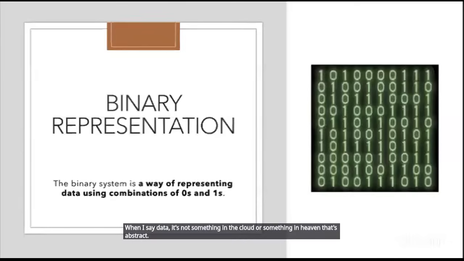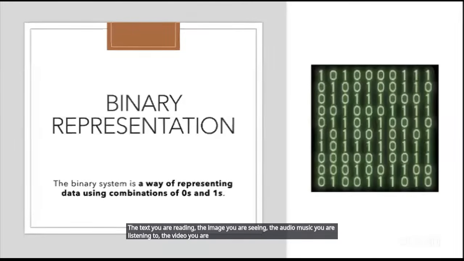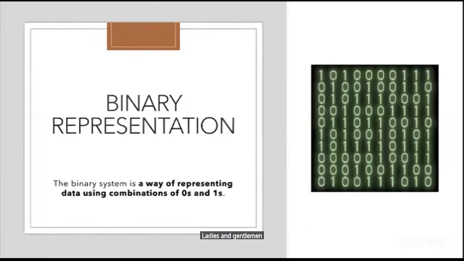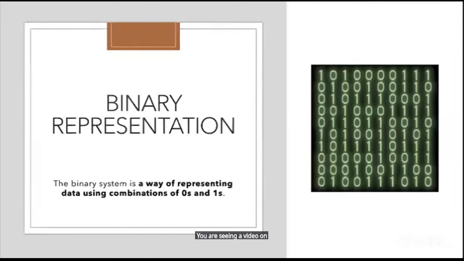Data is what you work with every day on your system: the text you are reading, the image you are seeing, the audio music you are listening to, the video you are watching. These are all data. Ladies and gentlemen, that YouTube video you are watching can be represented using zeros and ones. You are seeing a video on YouTube or on your Instagram, but the computer is only seeing zeros and ones.